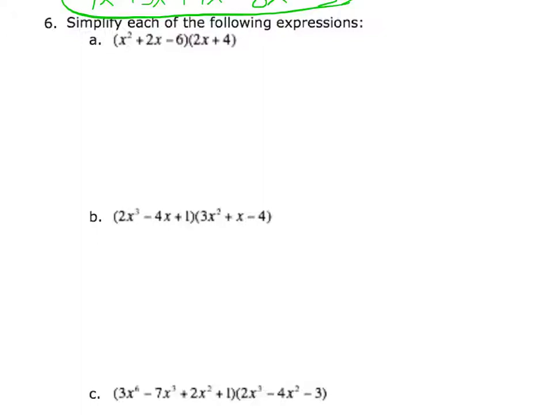So method 1 is distribution. So you're going to take every term from the first one and distribute it to every term from the second one. So x squared times 2x is 2x to the 3rd.